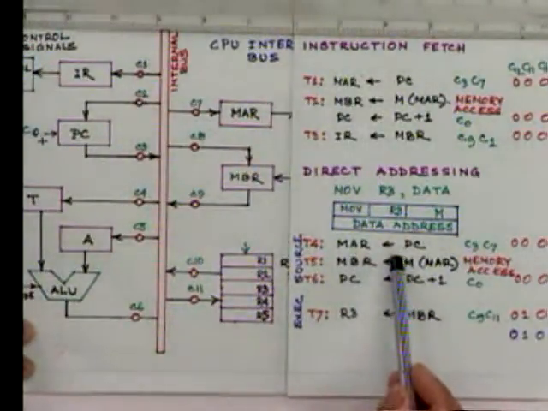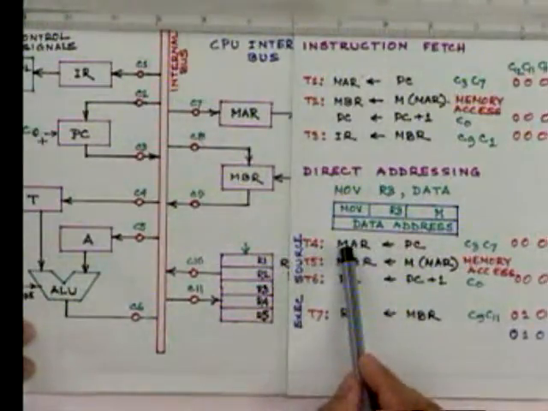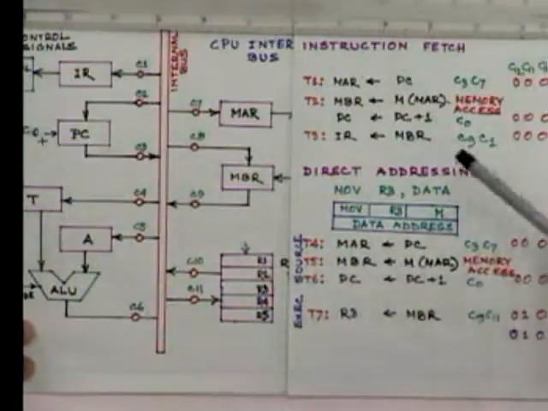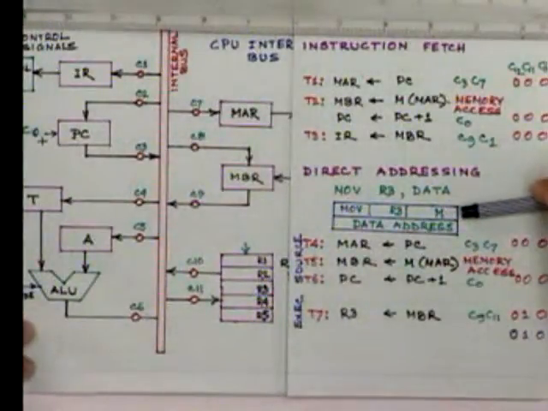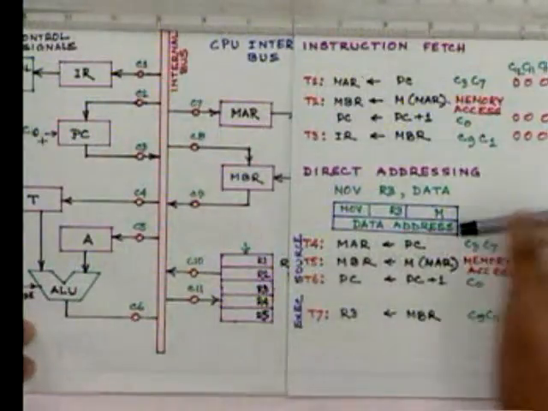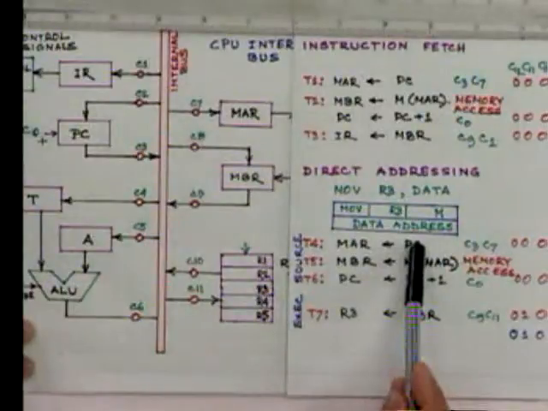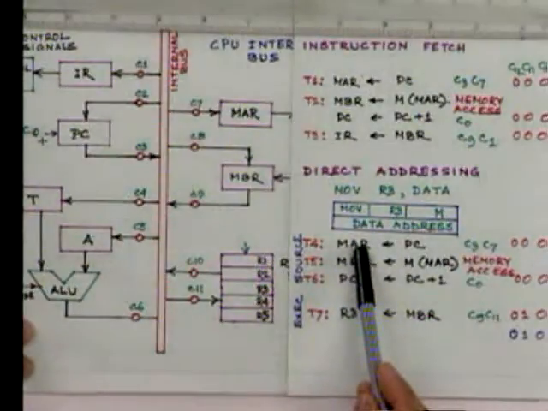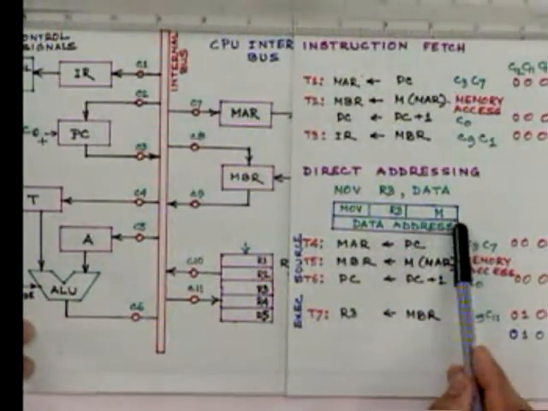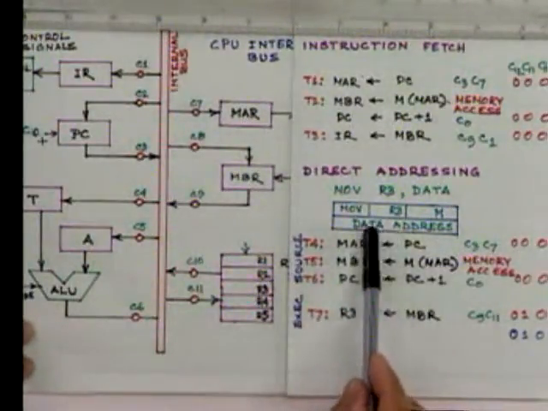The micro operations will be that the program counter now will be sent to the memory address register once more, because when this instruction has been fetched, the program counter is now pointing to the data address. Therefore, if I send the program counter content to the memory address register, the memory address register is pointing to the memory location where the data address is.